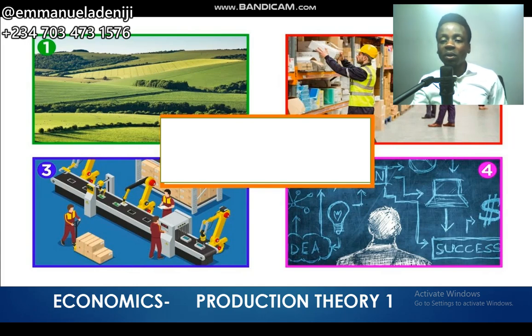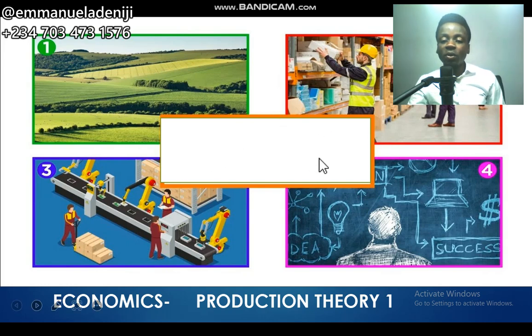Let's talk about the short run period in production. A short run period is a period in production when the firm can combine both fixed and variable inputs. Some inputs are fixed while others are variable. The firm uses both in the production process. At least there must be one fixed input in the short run. Now let's talk about the long run production period.